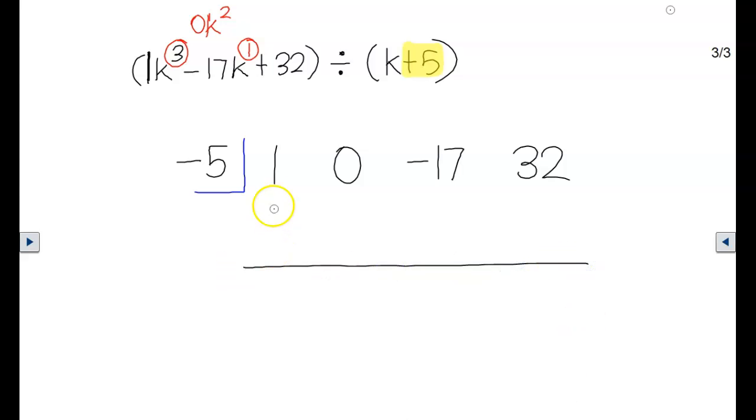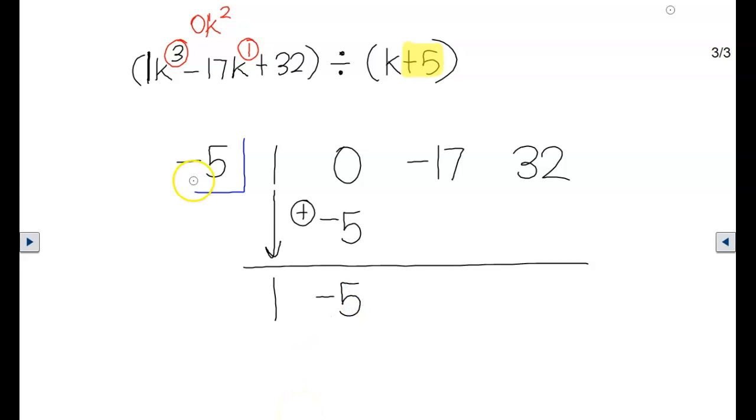All right, we begin by bringing down the first coefficient and placing it below the line. So this is going to start off with a 1. Now, we're going to multiply. Our numbers underneath the line get multiplied by this negative 5. So negative 5 times positive 1 is a negative 5. I put that underneath the next coefficient, and I add. 0 plus negative 5 is negative 5.